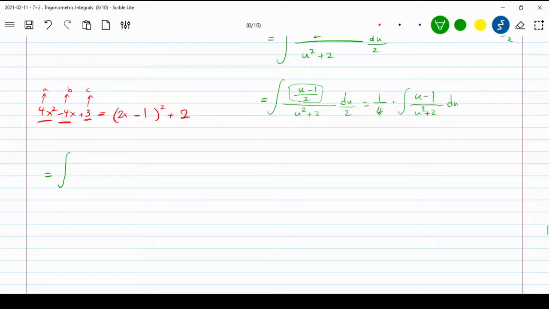In those cases, you always try to separate them. So what you do is you keep the u, and you'd have u squared plus 2, and you take out the constants. So you write this minus 1 divided by u squared plus 2 du. You can write them as two separate integrals, u du over u squared plus 2 minus that integral. So I separated the numerator, and I still have the 1/4 outside.